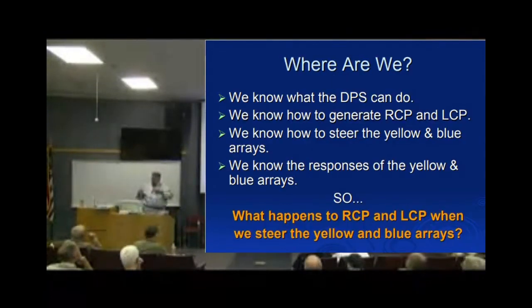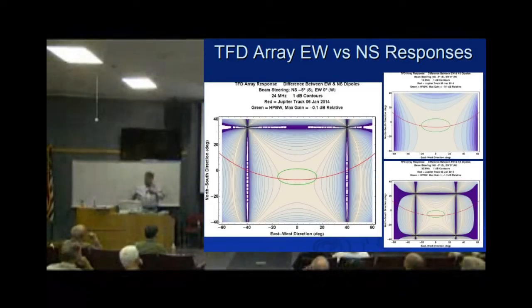Now, we're feeding those responses into a hybrid to generate RCP and LCP. And the question is, what happens when we steer that? Does that screw us up? Does the hybrid still produce RCP and LCP reliably, or what does it do? Well, there's what it does. And this picture probably is going to need a little bit of explanation.